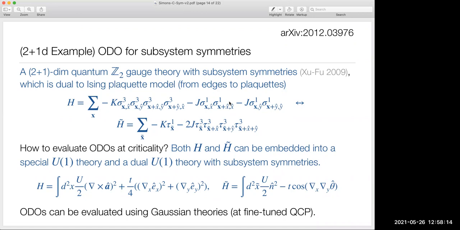In 3+1D, the gapless phase is more stable, because we don't really need to fine-tune much to get the gapless photon phase. So I guess it should still hold with a subsystem symmetry. But you are right, in 2+1D with just Z2, numerics shows it's first order, so we need to fine-tune one more term to get this gapless point. Right, thanks.